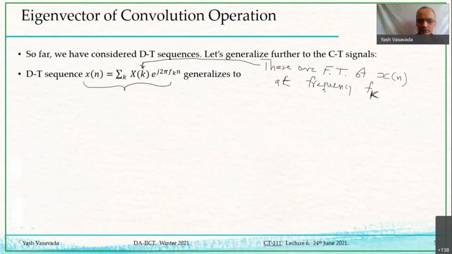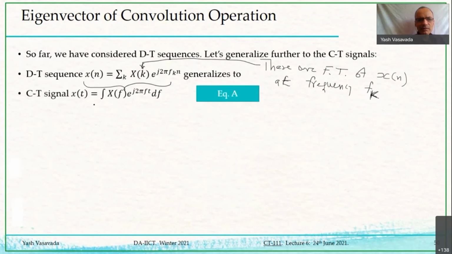And so in continuous time, the summation becomes an integral, and you don't have discrete frequencies f of k anymore. You don't have discrete time index n anymore. Everything becomes continuous, but the formula remains quite similar. X of k becomes X of f.